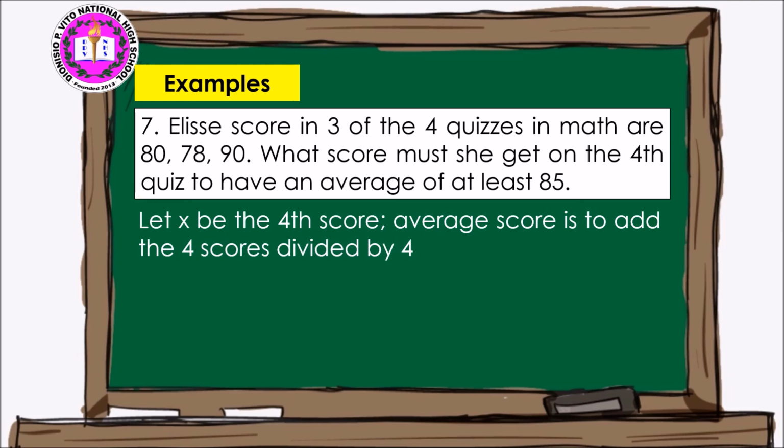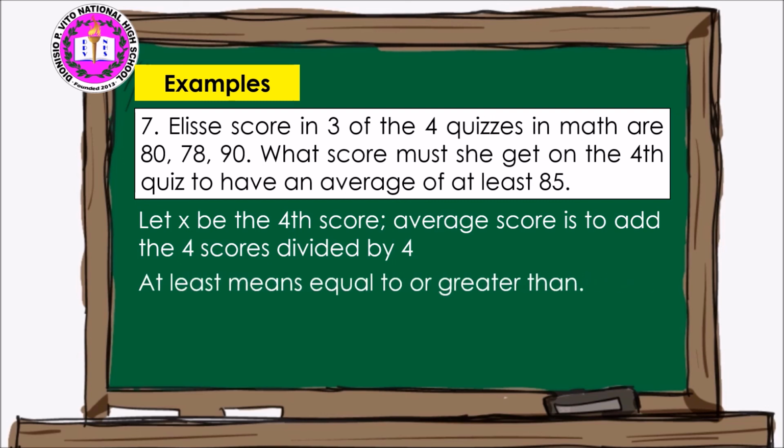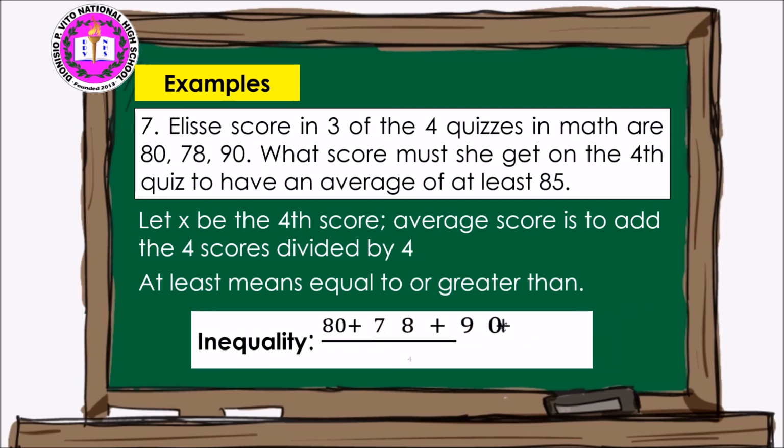Average score is to add the 4 scores divided by 4. At least means equal to or greater than. The inequality that we have is 80 plus 78 plus 90 plus x divided by 4, which is greater than or equal to 85.